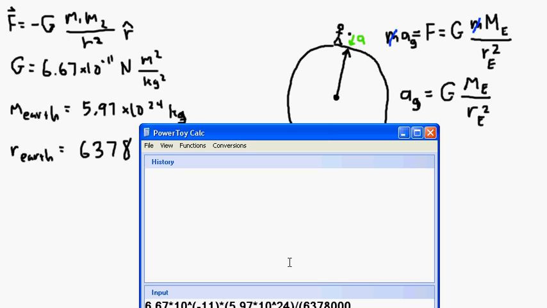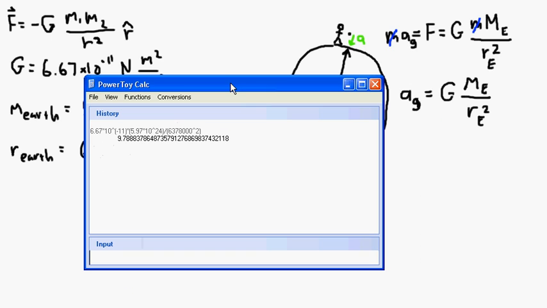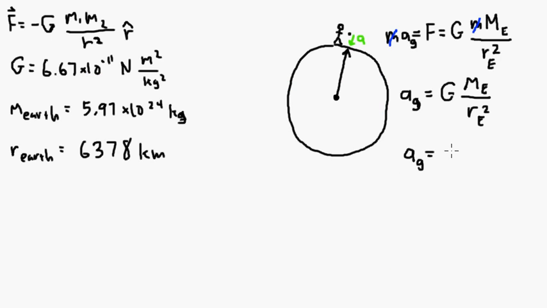So tack some zeros on the end to make it meters. And there we go. This should be our acceleration due to gravity, which is 9.78 or 9.79. It's pretty close, actually. So acceleration due to gravity is 9.79 meters per second squared.